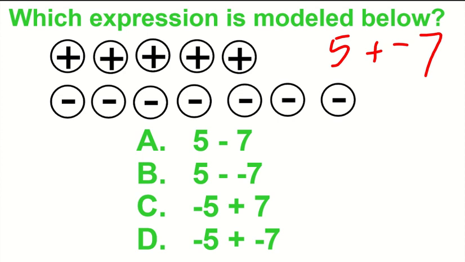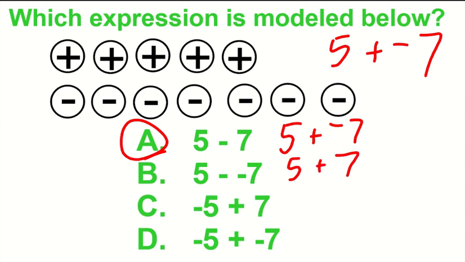If I do same change, change, 5 plus -7, that's what we're looking for: 5 minus +7. Everybody see how that works? That's a lot of times how they make these trickier. We see it as an addition problem, but if they put subtraction problems in the answer choices, you've got to do same change, change to compare them correctly. Okay?